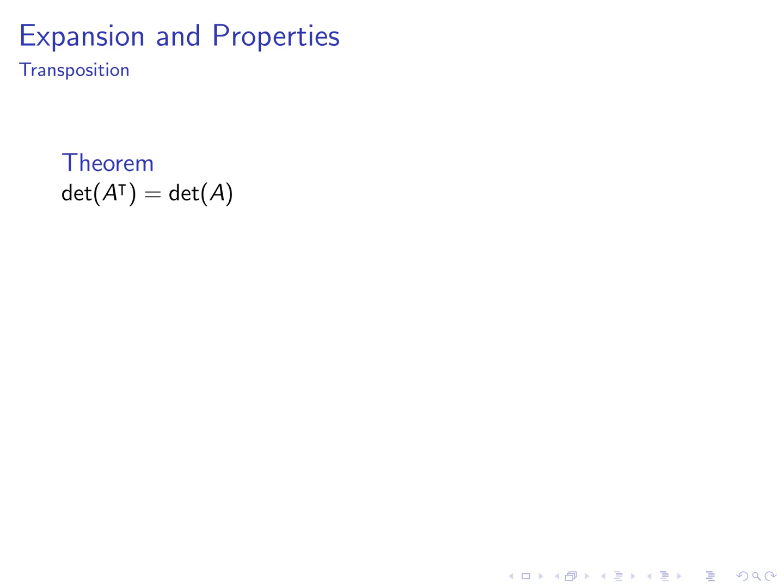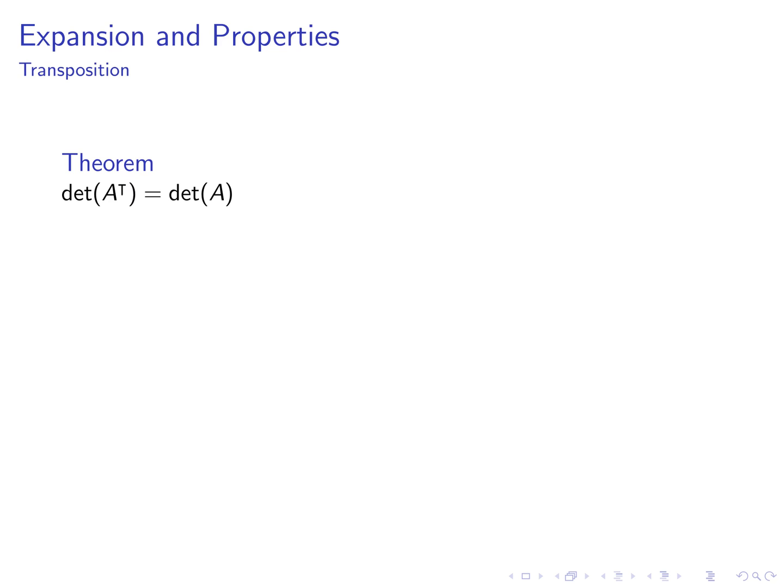Okay, so now I'd like to talk about some further properties of determinants that make calculations even easier sometimes. If we think about how the cofactor expansion theorem works, it's saying that it doesn't matter if we choose rows to expand about or columns to expand about, we always get the same result when we calculate our determinant.